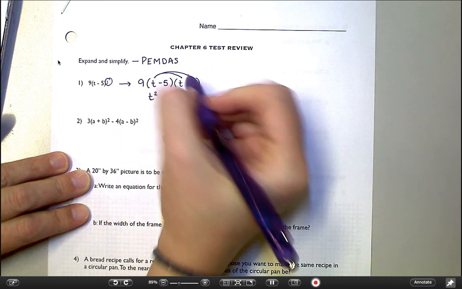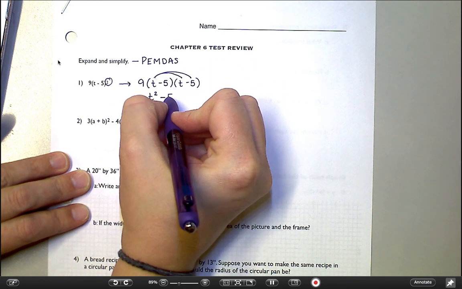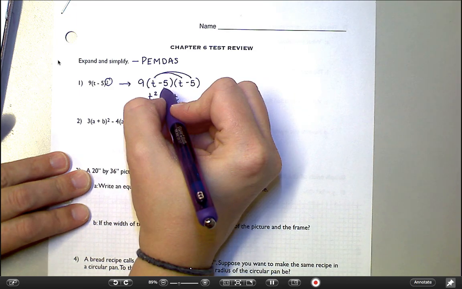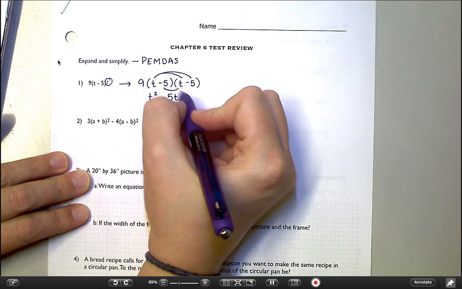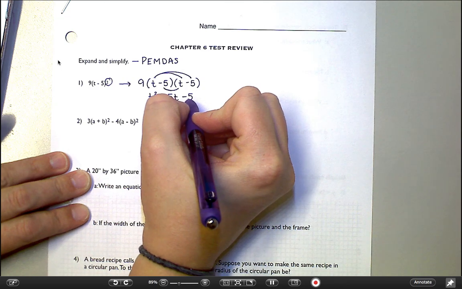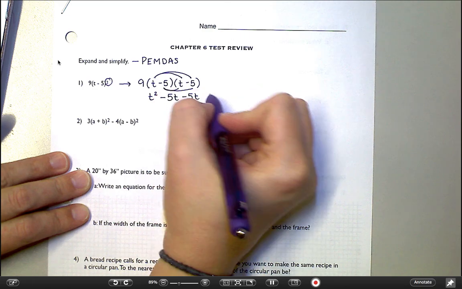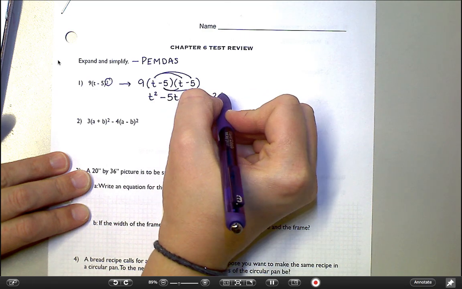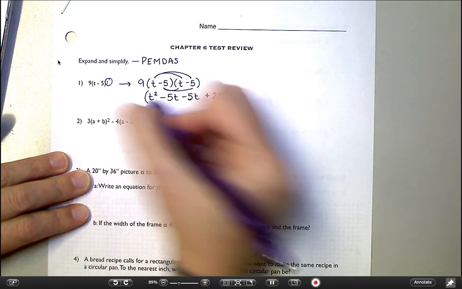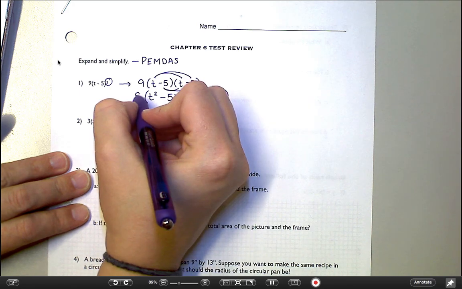T times negative 5 is negative 5t. In the middle here, negative 5 times t is negative 5t. And then my last ones here, negative 5 and negative 5 make positive 25. And then just keep in mind that you do still have that 9 sitting out in front there.